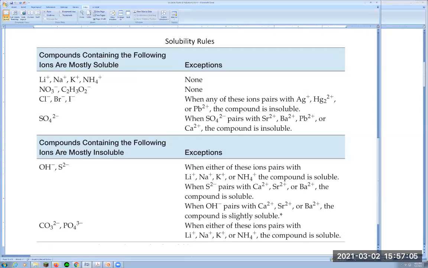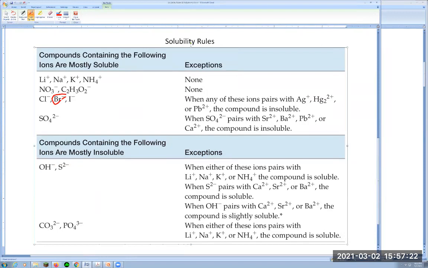Here, out of the list of ions, hopefully you're seeing the Br− ion. The Br− ion is here. So it's part of the mostly soluble compounds. When you have Br−, it will make a mostly soluble compound.